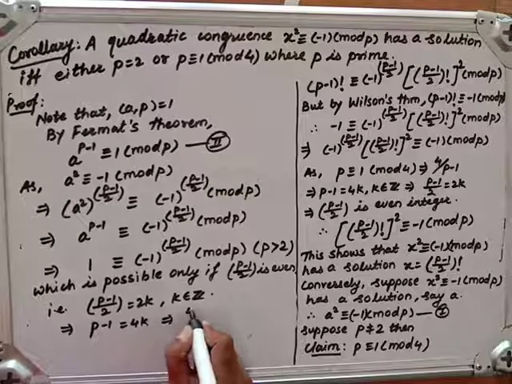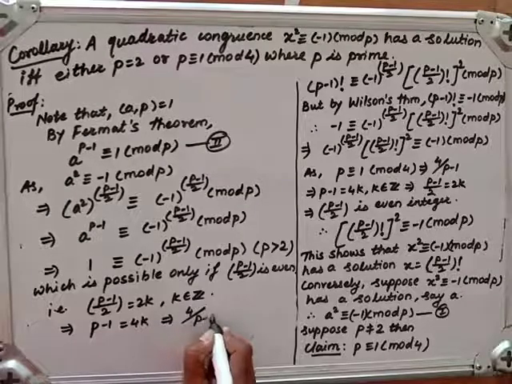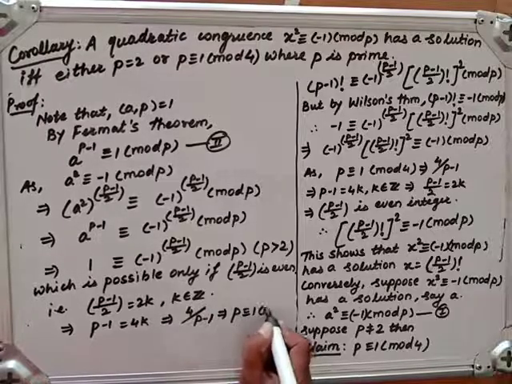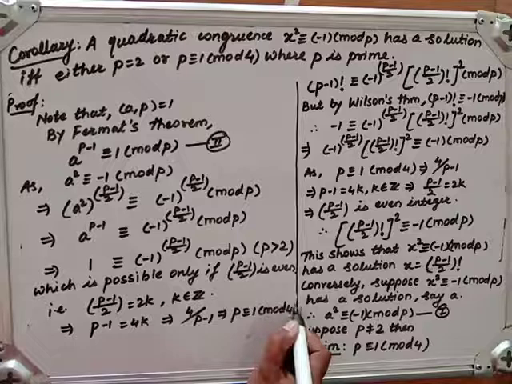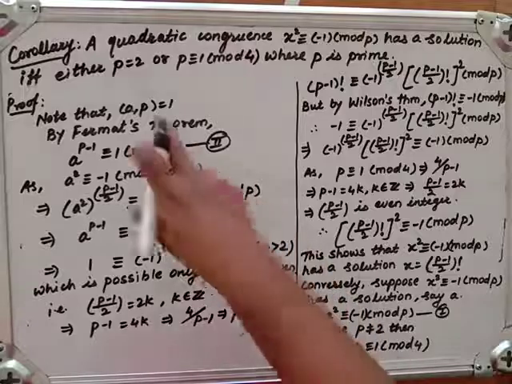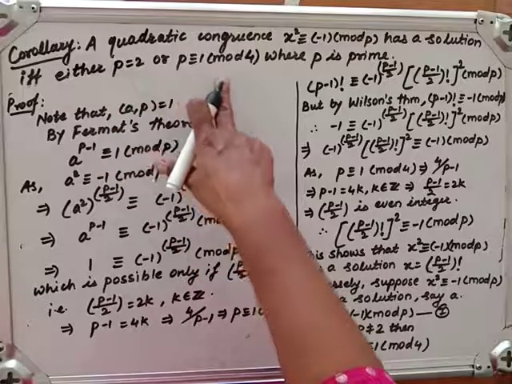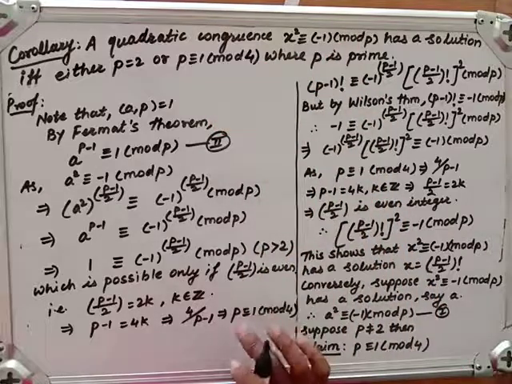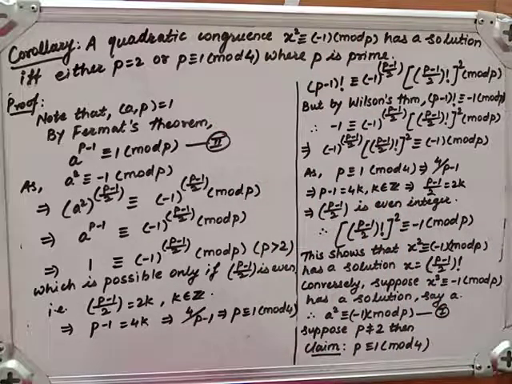That gives 4 divides P minus 1. That gives P congruent to 1 modulo 4. So we have assumed P not equal to 2, and we have proved P congruent to 1 modulo 4. So either P is equal to 2 or P is congruent to 1 modulo 4, and then this one has a solution. This is the proof of this corollary.